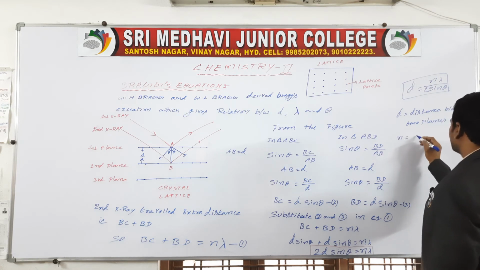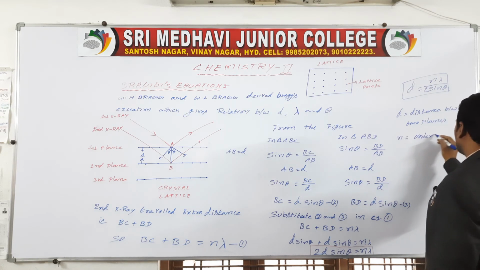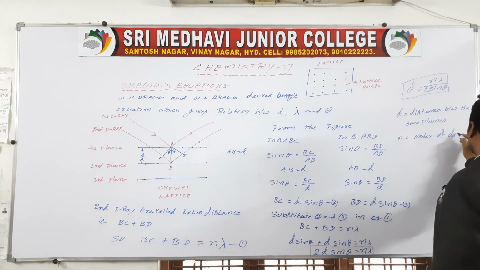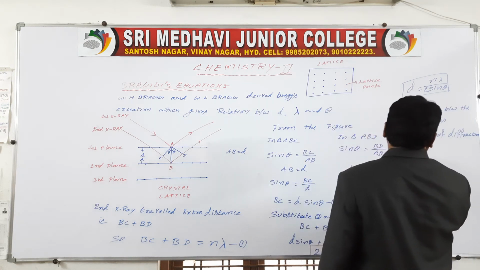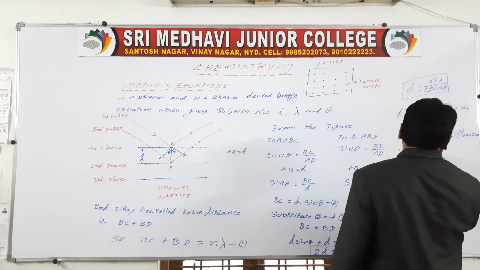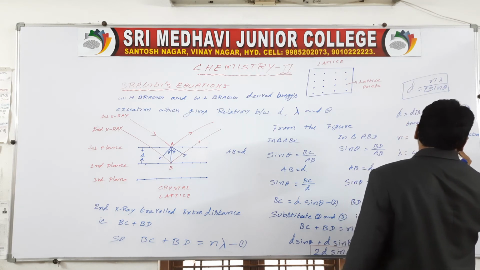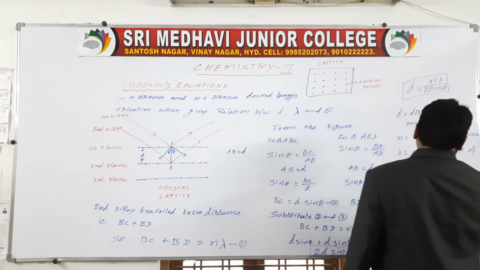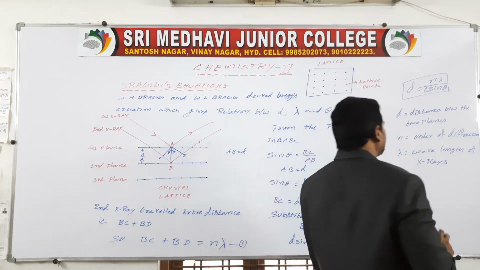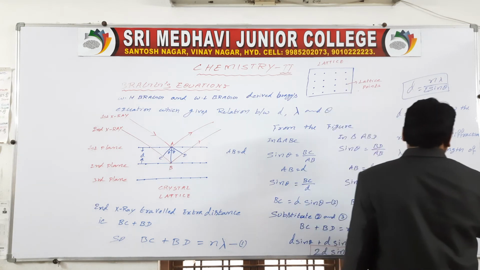N equals the order of diffraction. Lambda equals the wavelength of X-rays.